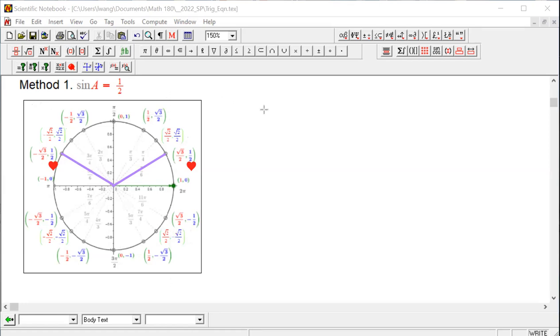From definition, we get to the reference angle. The reference angle is pi over 6. That's D. From D, we get to R, and then we find the angle, DRA. Does that make sense? I hope that makes sense.